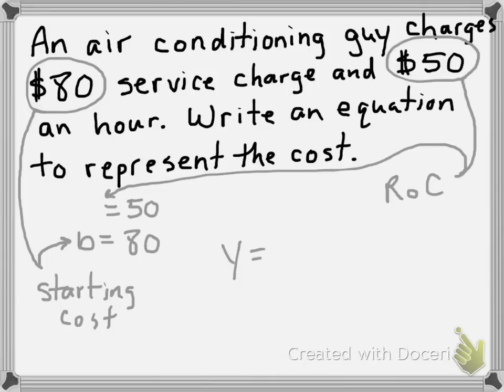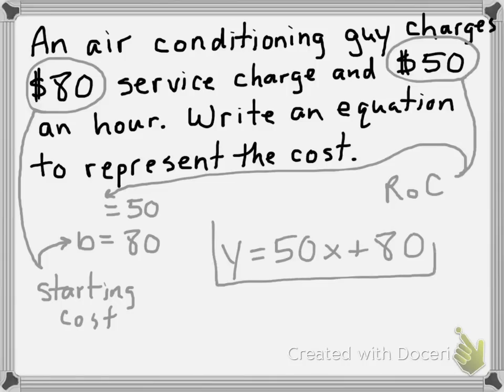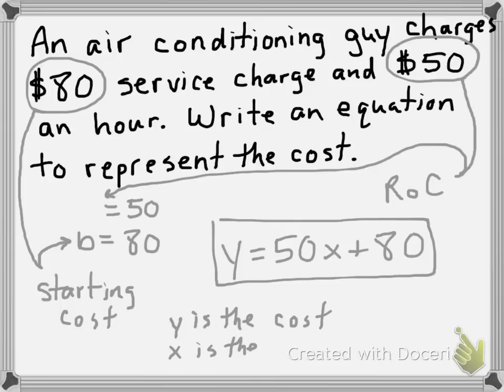So that means your equation is y equals 50x plus 80. And this is the equation for when y is the cost and x is the number of hours that you spent working.